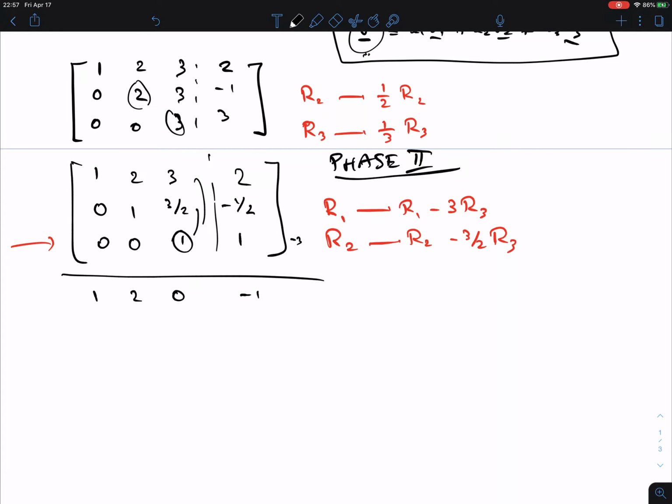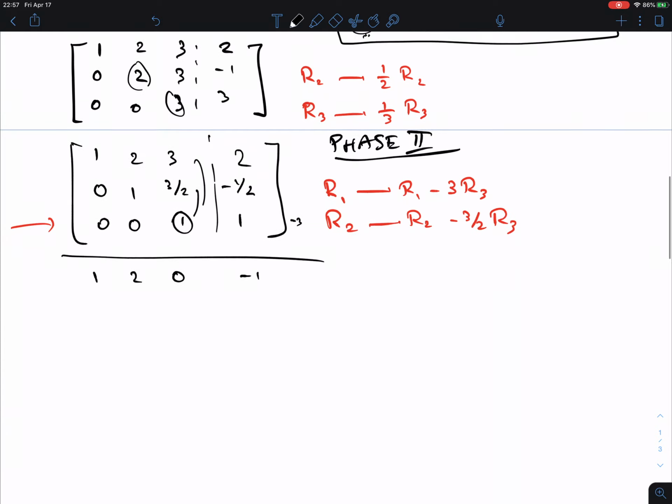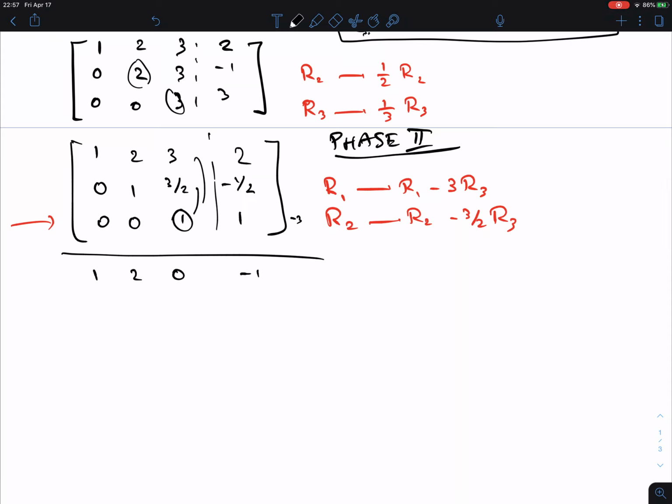Then for row 2, I multiply by 3 halves. So there's 0, 1, 0. Minus 3 halves minus a half is minus 4 halves, that's minus 2. And then finally 0, 0, 1, 1.